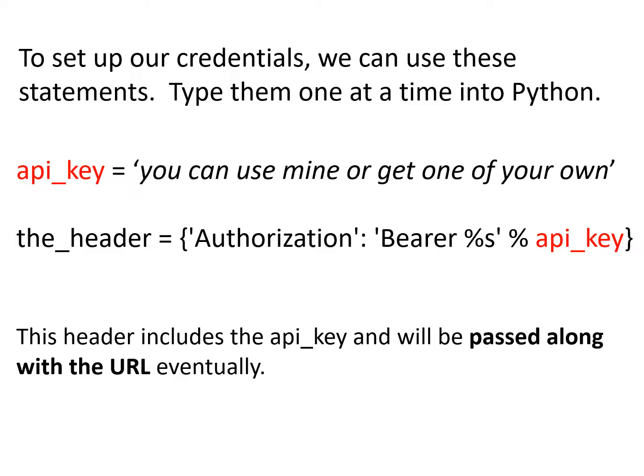And as I said, sometimes APIs just have you send the API key along within the URL. Hopefully this isn't too confusing. The header is going to include the API key, and eventually we're going to pass this header along with the URL to get the data.